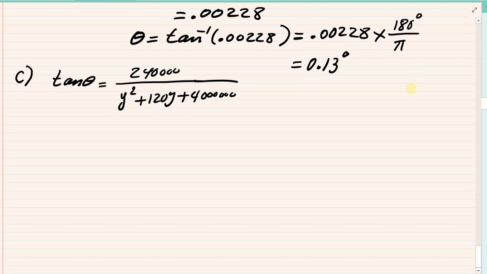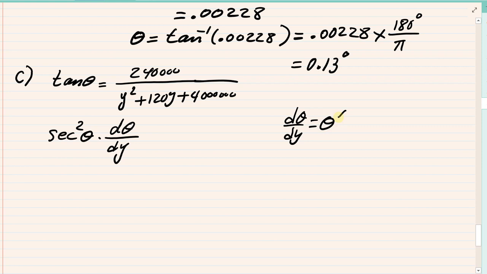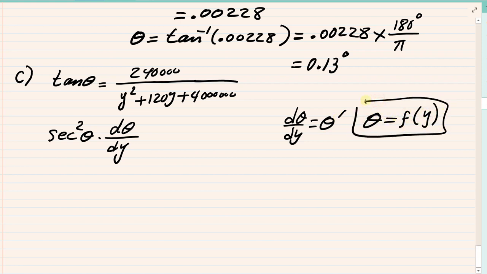So the derivative of tangent theta is going to be secant squared theta, right? And then d theta dy, or theta prime, if you want. The d theta dy is theta prime, because we assume theta is a function of y. The viewing angle is a function of the altitude of the rocket.